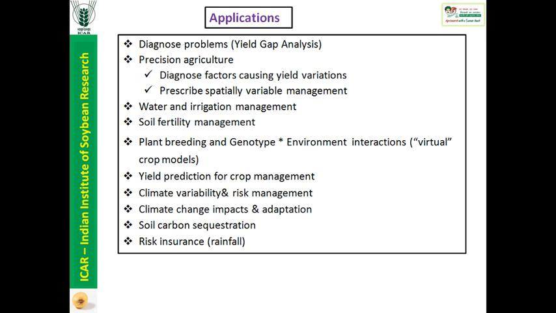Then how much yield is affected due to the drought or the flood, that yield loss data we can give to the insurance companies also. These are some of the important applications of this DSSAT model.